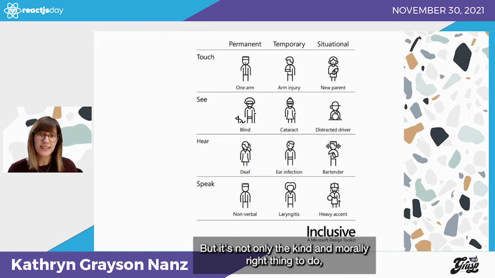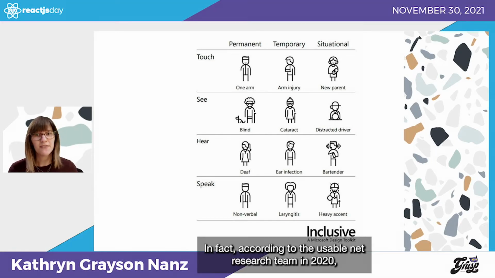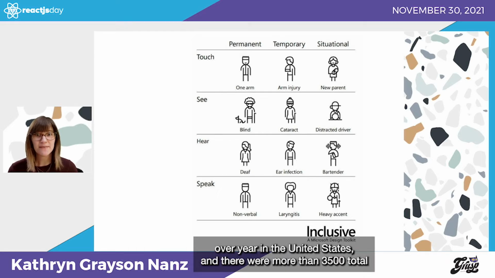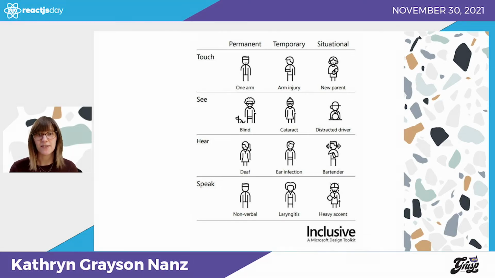But it's not only the kind and morally right thing to do, it's also quickly becoming a legal requirement. In fact, according to the UsableNet research team, in 2020, web, app, and video accessibility cases went up 25% year over year in the United States, and there were more than 3,500 total digital accessibility-related lawsuits that year.